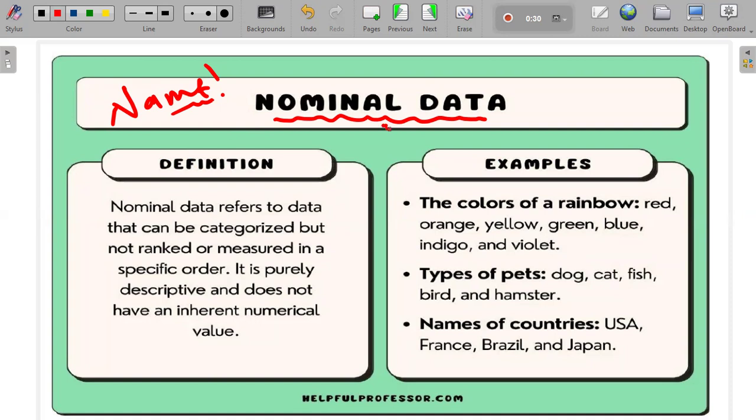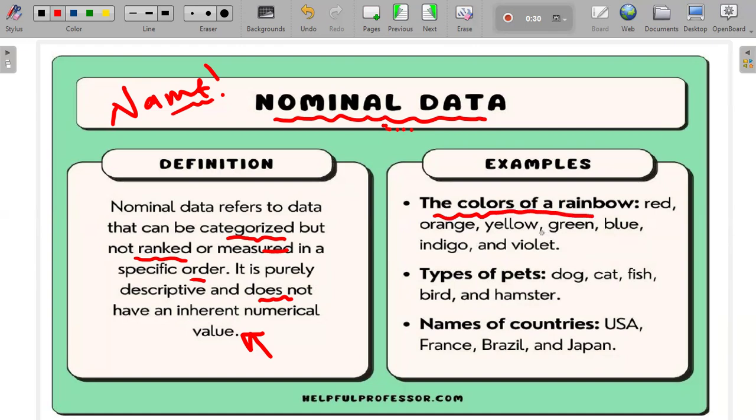So this nominal data here cannot be ranked. It does not have a rank. So nominal data refers to the data that can be categorized but cannot be ranked or measured in a specific order. It is purely descriptive, it just describes, and does not have an inherent numerical value. So for example, a nominal data can be the colors of the rainbow.